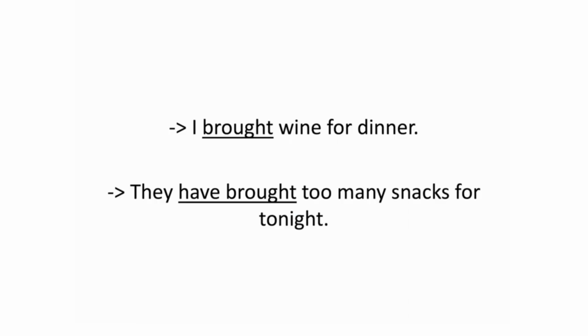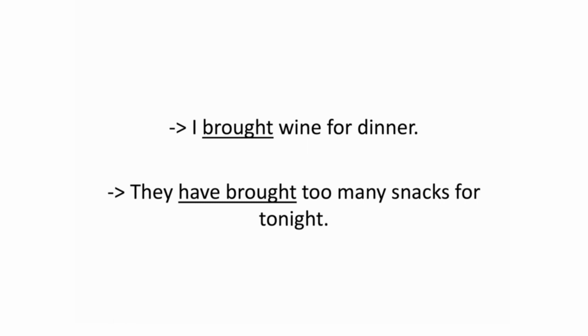For example, I brought wine for dinner. They have brought too many snacks for tonight. Notice the difference in meanings in these two sentences. In the first sentence, which is in the past simple tense, this is a punctual action in the past.